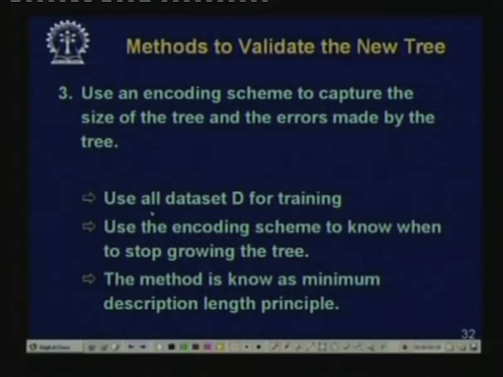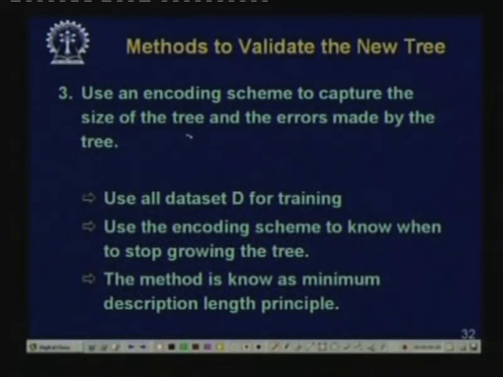This method is known as the MDL principle. In the MDL principle, the best tree that we want is the tree for which the size of the tree in bits plus the size to represent the misclassified examples, the sum of these two sizes, should be minimum.